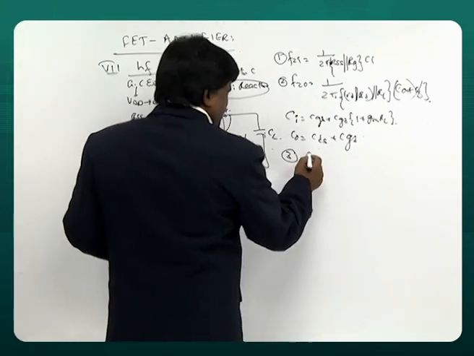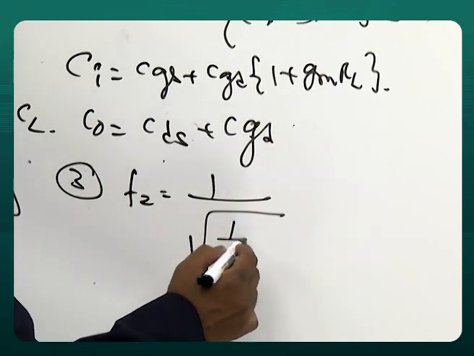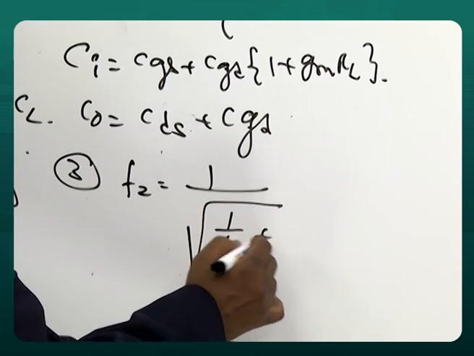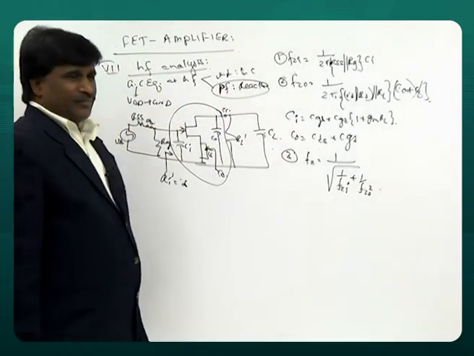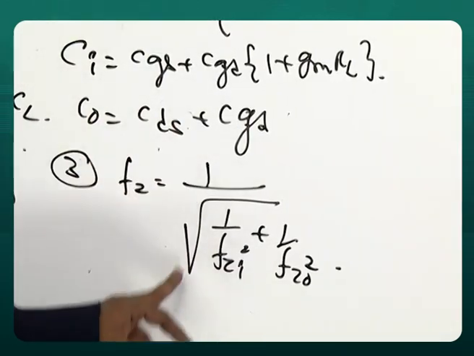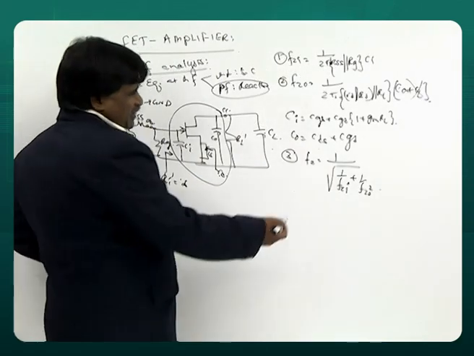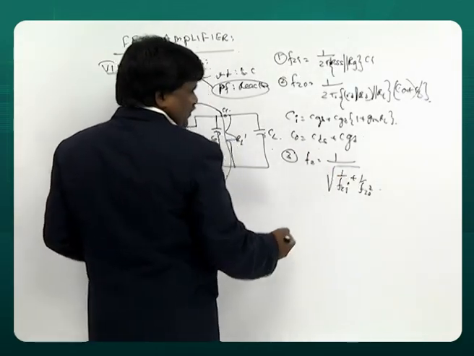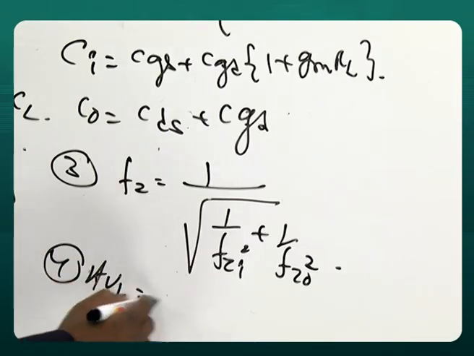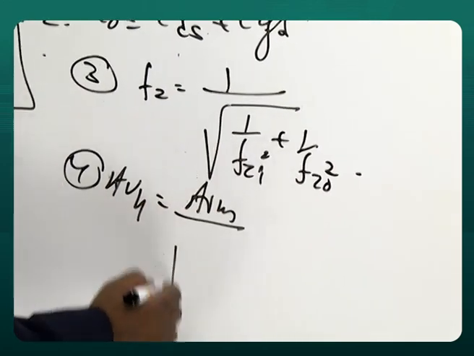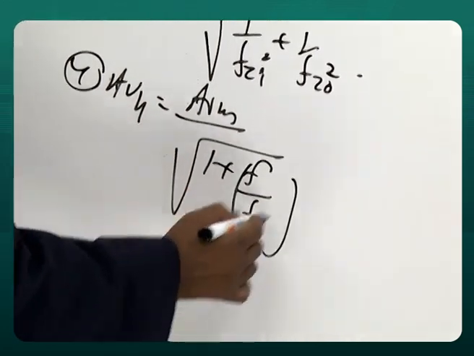Now F2 is 1 by root of (1 by F2I square plus 1 by F2O square). And these are parallel here. Now having got F2, AVH is AVM by root of 1 plus (F by F2) whole square.